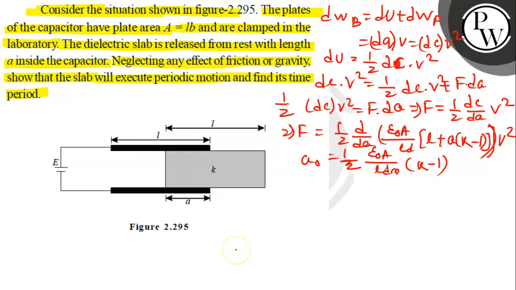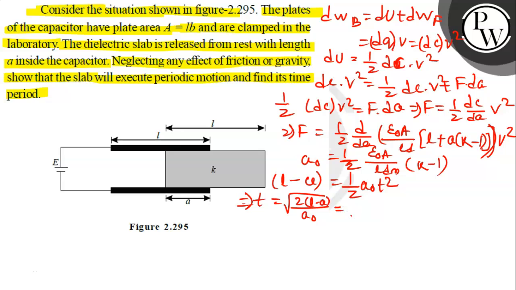The time taken to move the distance L minus a can be calculated as L minus a is equal to half a naught t square. So here t is equal to root over of 2 into L minus a divided by a naught.